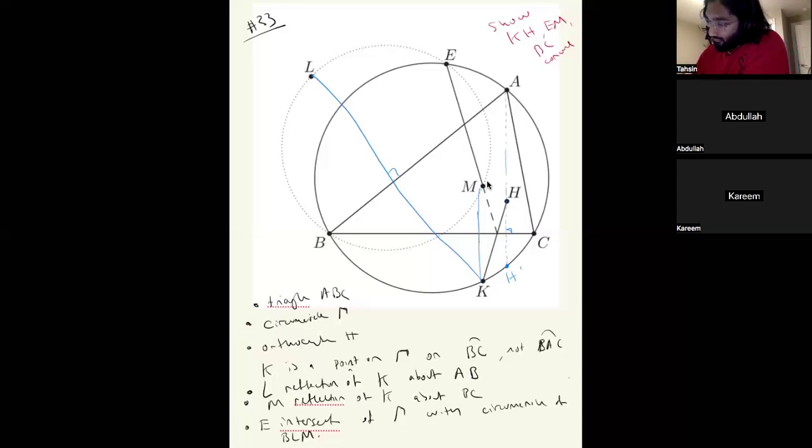We're trying to show that KH, EM, and BC are concurrent.